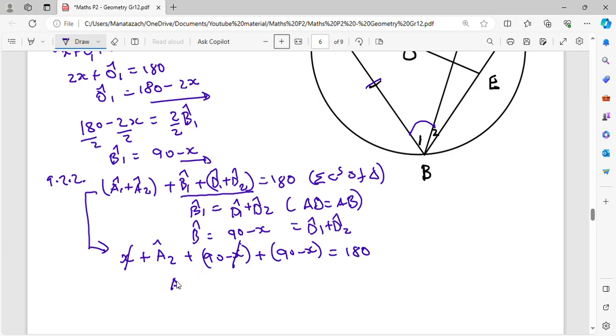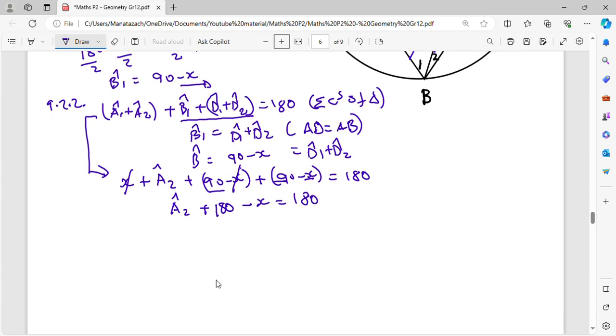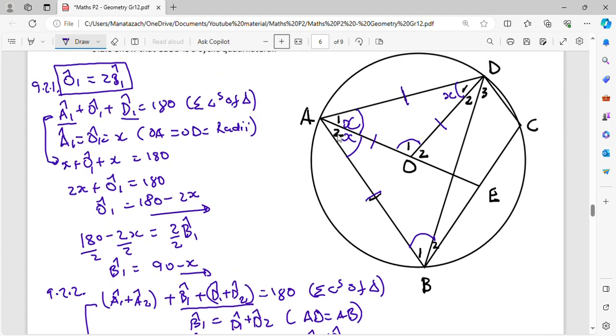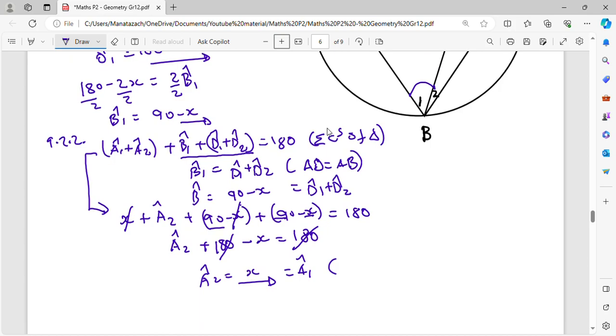So we're remaining with, on the left hand side, angle A2 plus 90 plus 90 minus x is equal to 180. So 180 and 180 will cancel each other, and then you'll have A2 is equal to x, which is equal to A1. Therefore, we can conclude that AE bisects angle A into two equal halves, right? So we can just make that conclusion there.